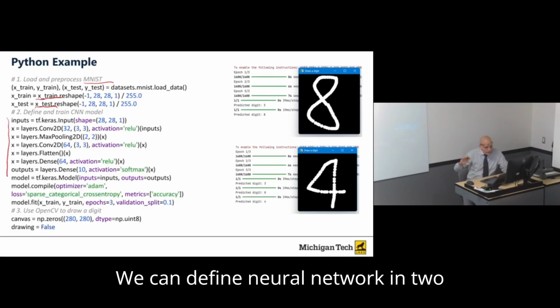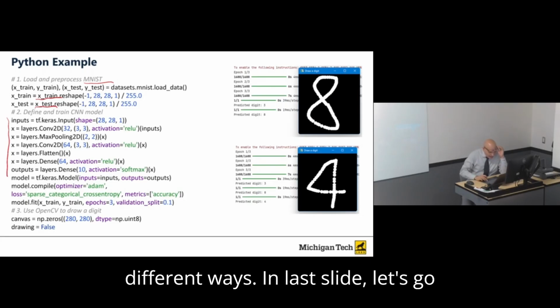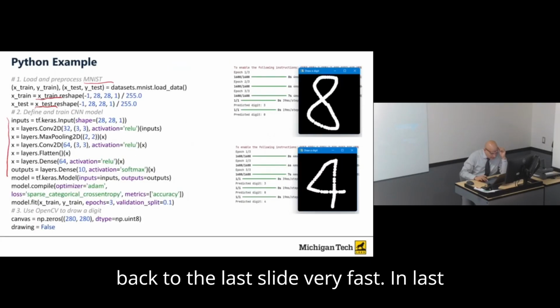We can define a neural network in two different ways. Let's go back to the last slide very fast.